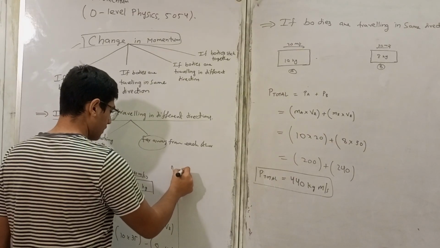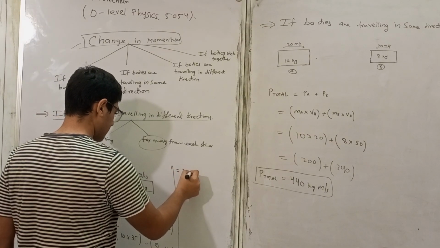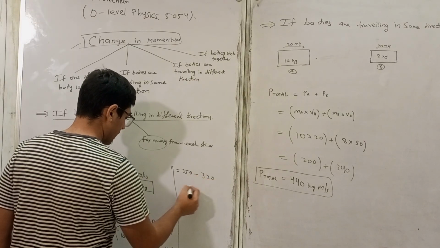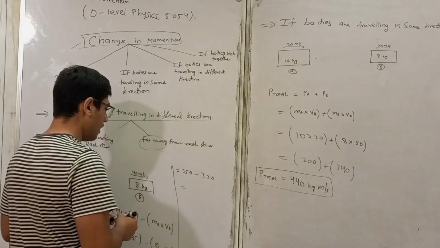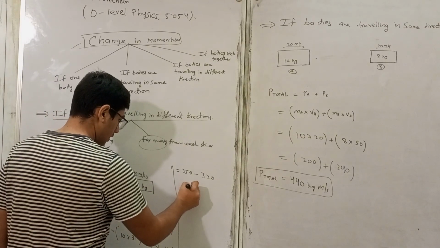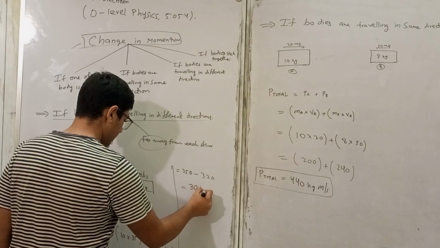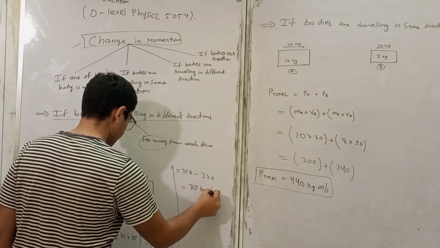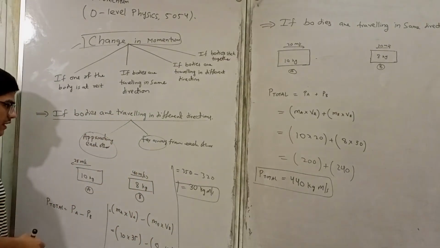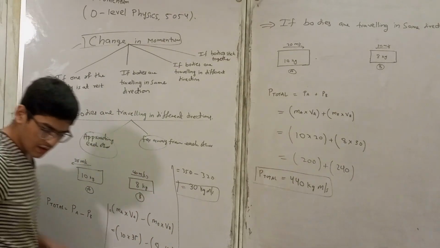So 10 times 35 is 350 and 8 times 40 is 320. So 350 minus 320 is 30 kg meter per second, that is total momentum. This will also be solved in the same similar way.